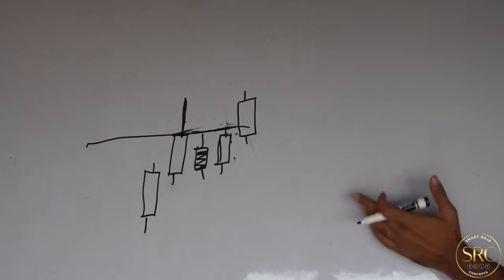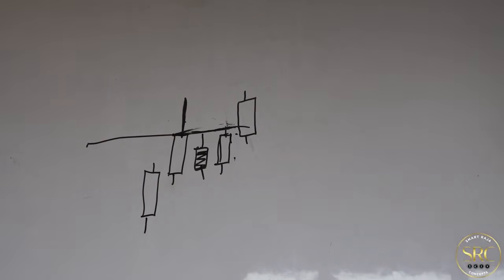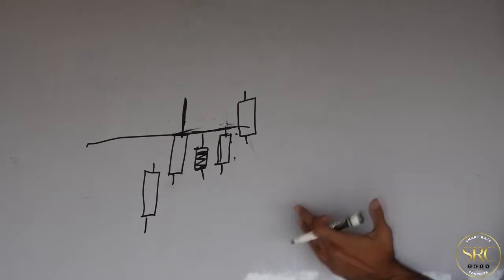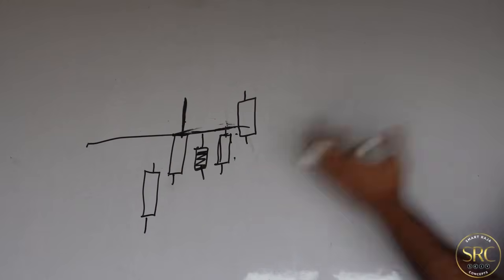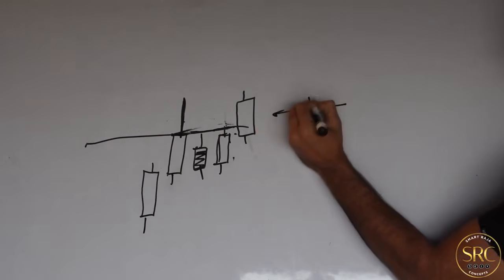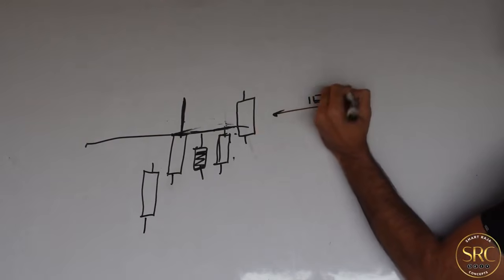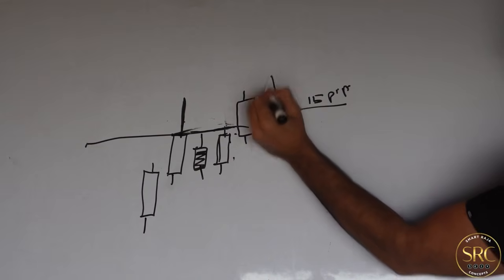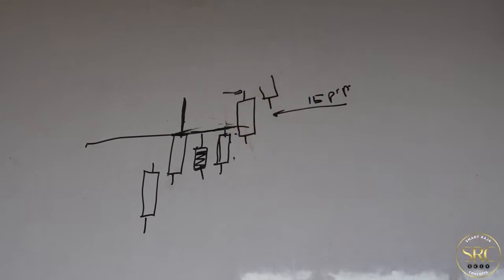I'm calling it a Robocop because it's strong. It was so strong that it closed outside of that range, and this is about 15 pips, not that big of a candle. When the next candle wicks down and breaks above this high, there's a high probability we're going to go up. That's all I'm looking at in this scenario for impulse entries.